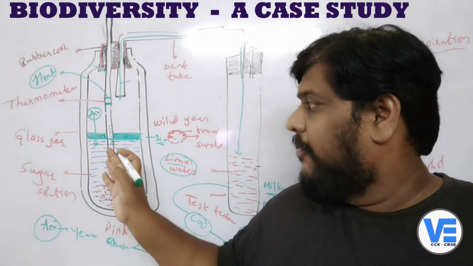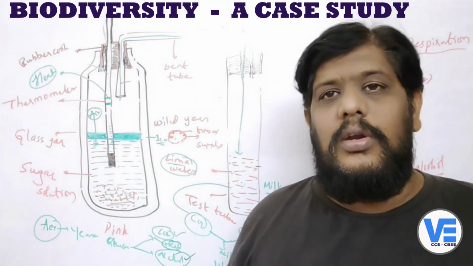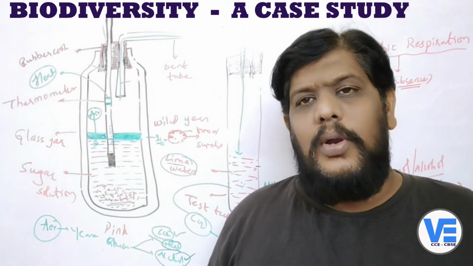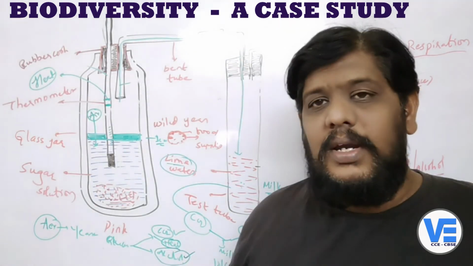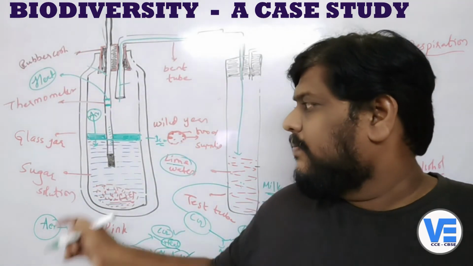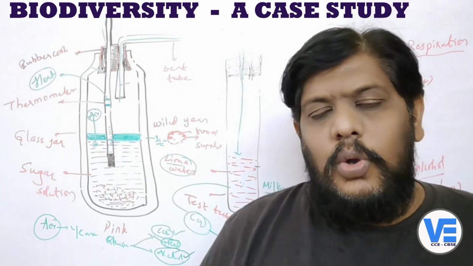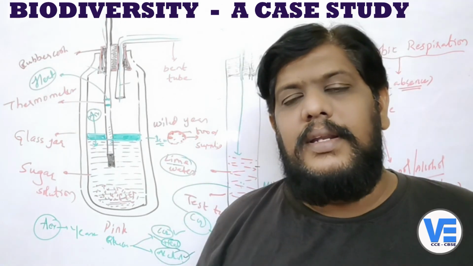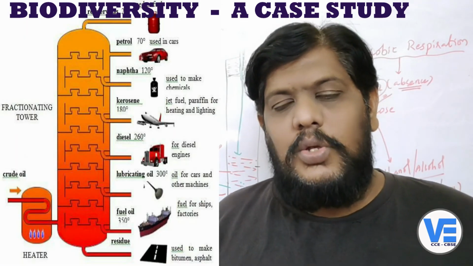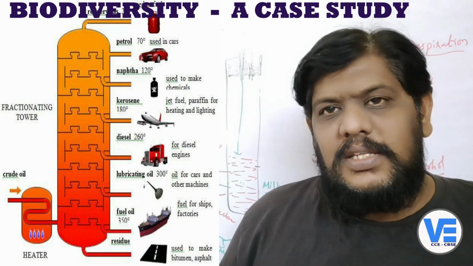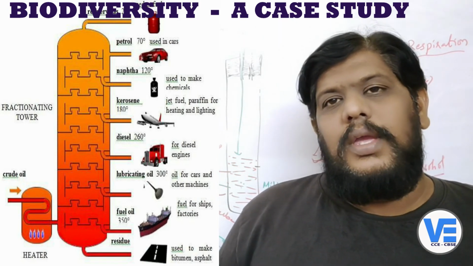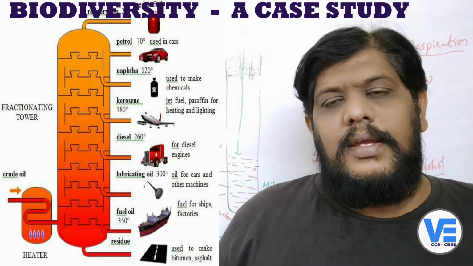Now if you want to make sure that this is alcohol or not, the alcohol boiling point is 70, whereas the water boiling point is around 100. So what you can do is go ahead with the fractional distillation method. This is the same method which is used to extract the different kinds of oils from crude oil. You can see the picture on my right side.